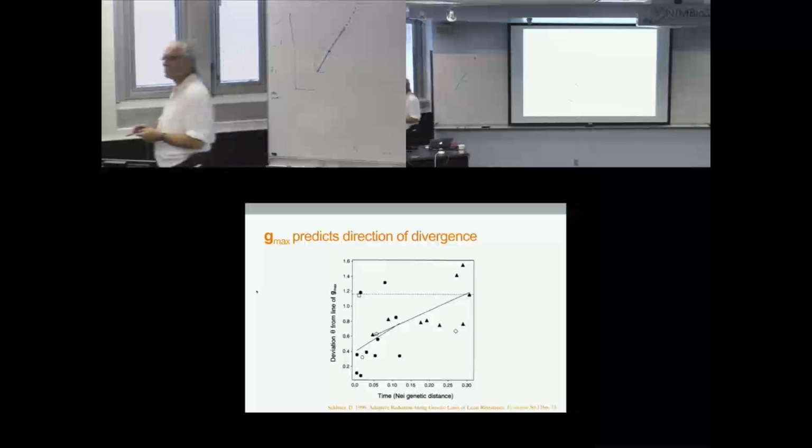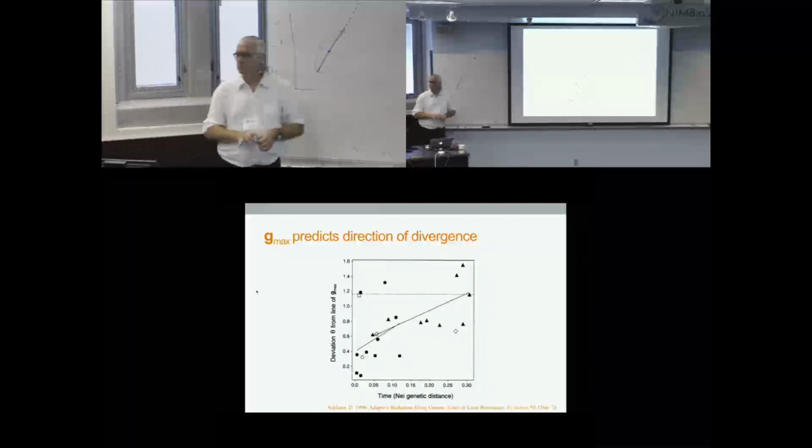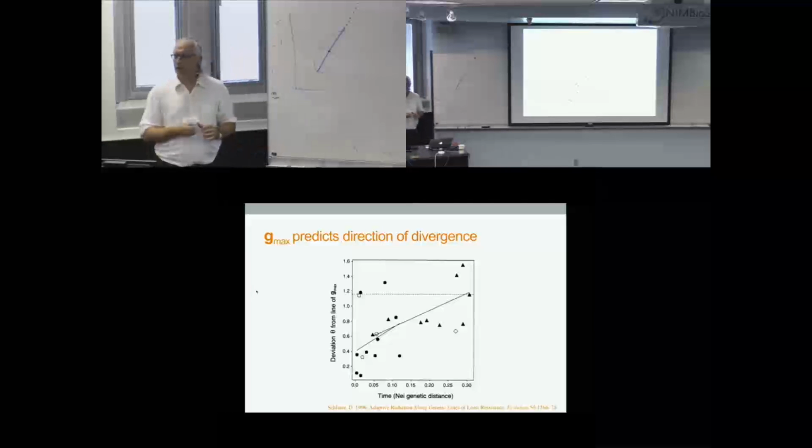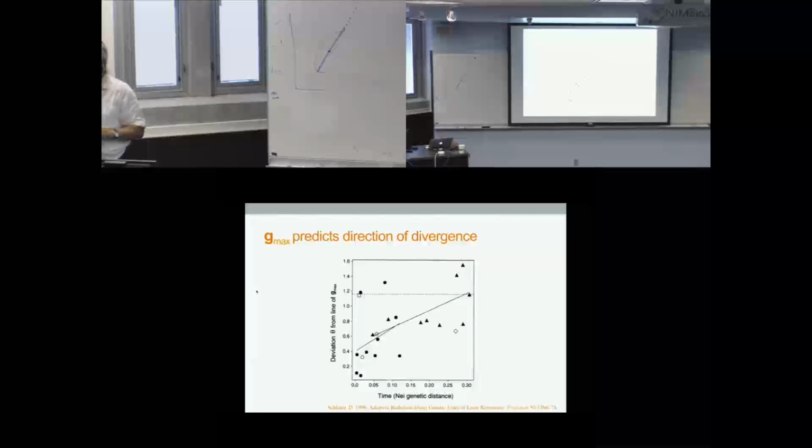So I'm just wondering, the Gmax here, it's calculated on what? So this is the G matrix of, because we're talking about a pair of populations, this is the Gmax on one of the populations. Right.